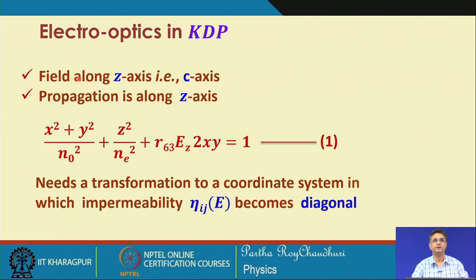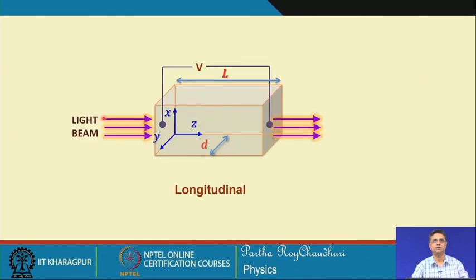Now, if we assume that the electric field is along z axis, that is the c axis of the crystal, and the light is also propagating along z axis, that is this longitudinal mode of operation. So, along z axis the light is propagating, electric field is also along z axis.